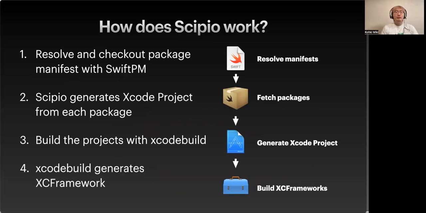Scipio first uses the standard SwiftPM feature to retrieve the packages and resolve dependencies. Then it generates an Xcode project from them. Finally, Scipio uses xcodebuild to generate XCFrameworks for each package.